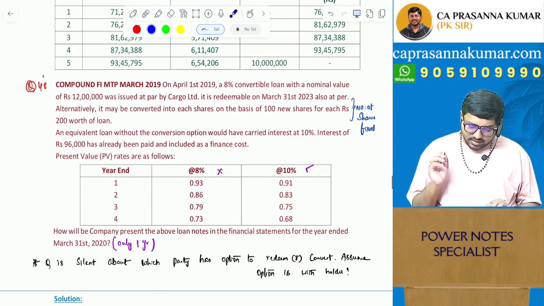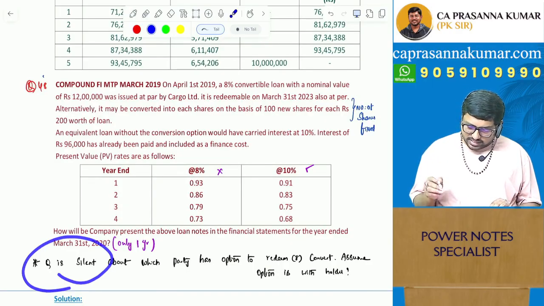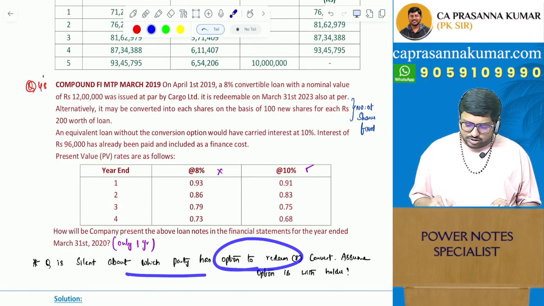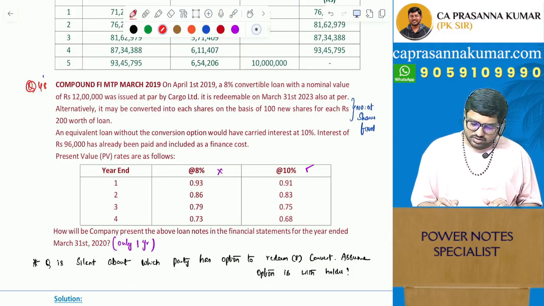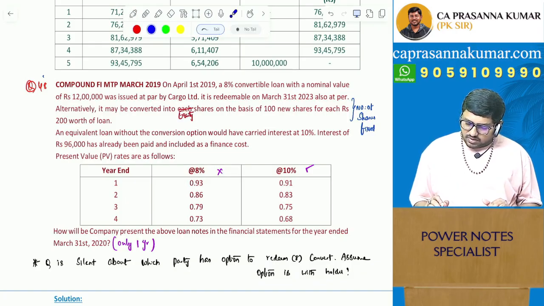The most important point that you guys need to understand with respect to this particular question is that it is silent about which party has the option to redeem. He said alternatively it can be converted into equity shares. It is redeemable or convertible into equity shares.